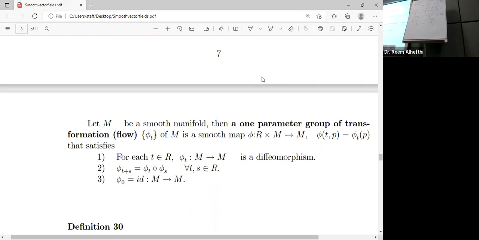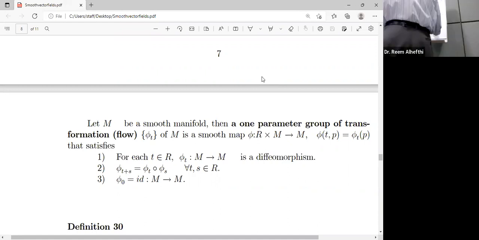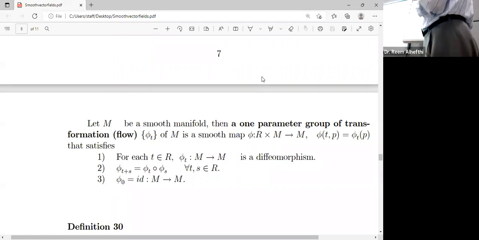And also one more requirement: at 0, it should give the identity map, which was the first diffeomorphism we discovered. So this family of diffeomorphisms is called a one parameter group of transformations. Phi t is a subgroup of the group of diffeomorphisms parameterized by t, right?